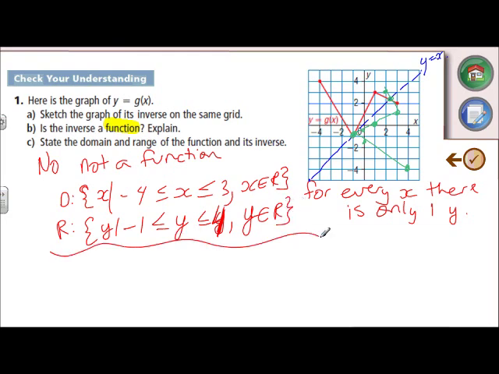Now I'll use green. Let's look at the domain. Our domain starts at -1 and goes to 4. Oh, this is looking familiar.